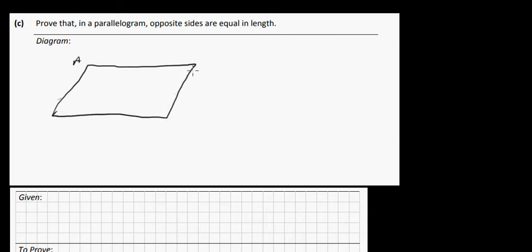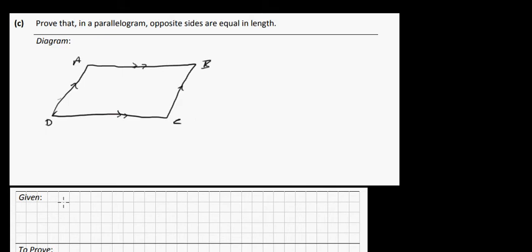And we can call it A, B, C, D. I'll just use a large D here, and we're going to say that this side is parallel to this side is parallel to this side here, and we've got to prove that the opposite sides are actually equal.